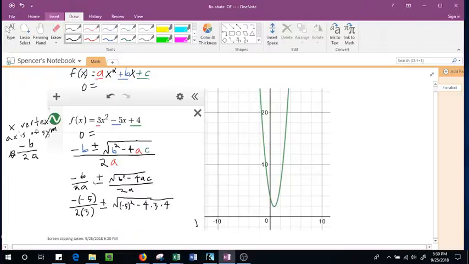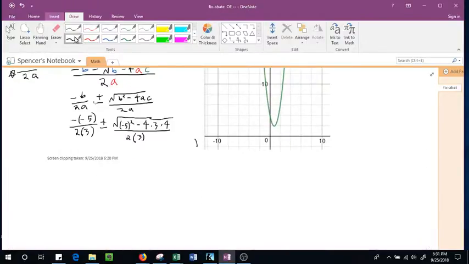And we can extend this out a little bit more. All over, and this is going to be the same 2a. So 2 times 3. Okay, so from this point we're going to simplify this down. Negative negative 5, that's just going to be 5. 2 times 3, that's going to be 6.